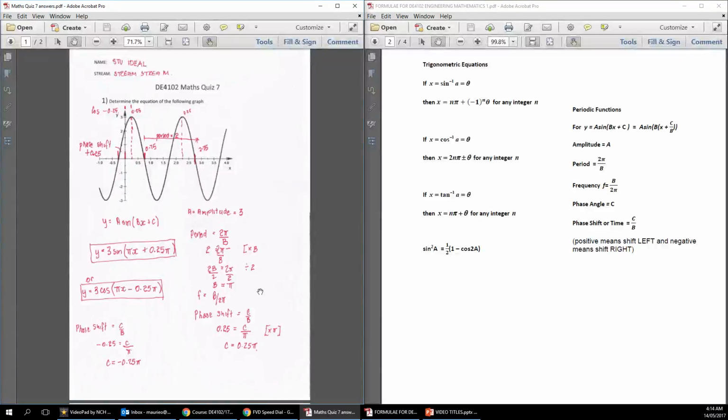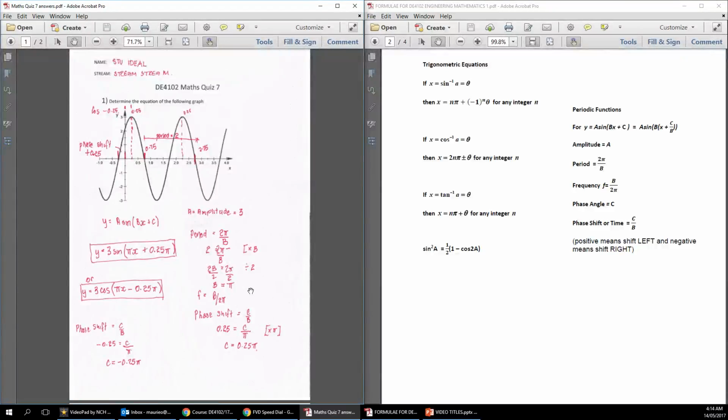Now, the frequency is actually, we can see here, b over 2 pi, and you can see that it's just the period flipped upside down, which means the frequency equals 1 over the period. So the frequency is just it flipped the other way.